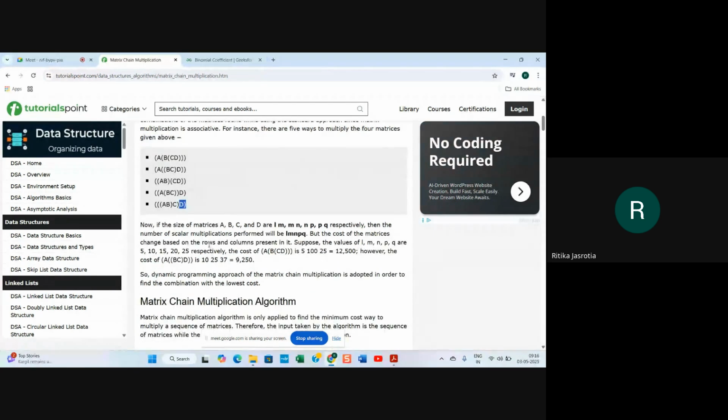Or you can multiply AB first, then multiply C, then multiply D. So there are 5 ways they have shown according to this for how you can multiply. Now if the sizes of matrices A, B, C and D are LM, MN, NP and PQ, the size means the rows and columns. So rows and columns of A is LM, of B is MN.